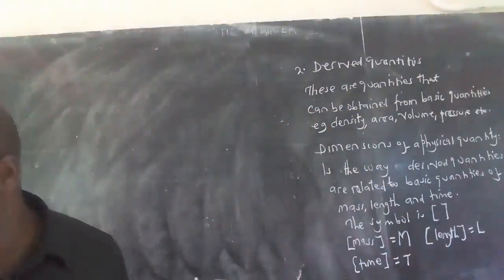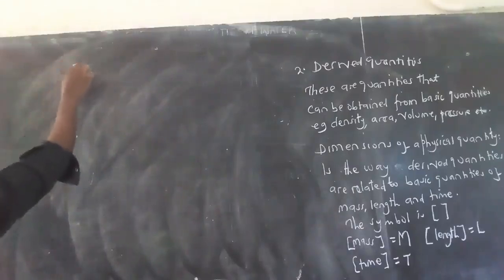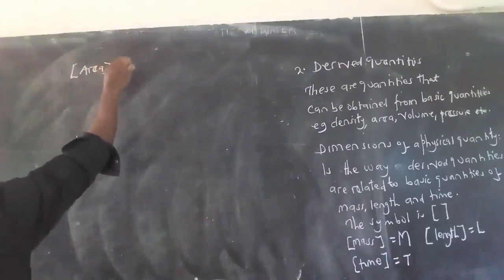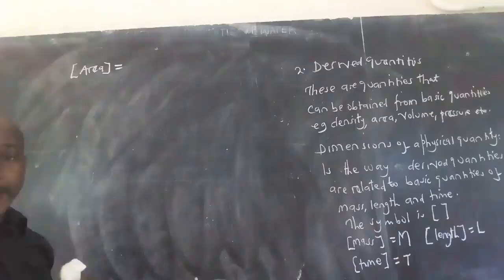Then we can go ahead and look at dimensions of area. Area is length times length, or side times side, okay?